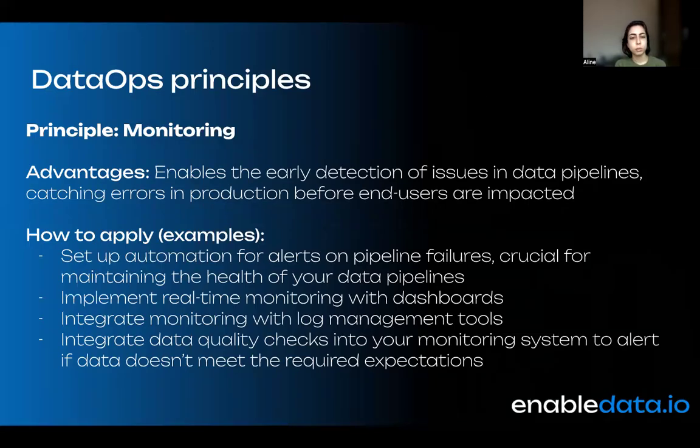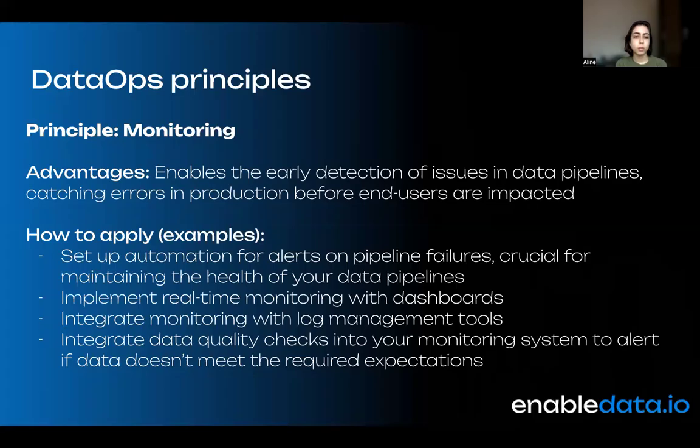Integrate monitoring with log management tools. This way you can actually make data-driven decisions about your data pipelines. If you have the logs, which is basically capturing data about your data pipelines, in the future you'll be able to make data-driven decisions about that if necessary.